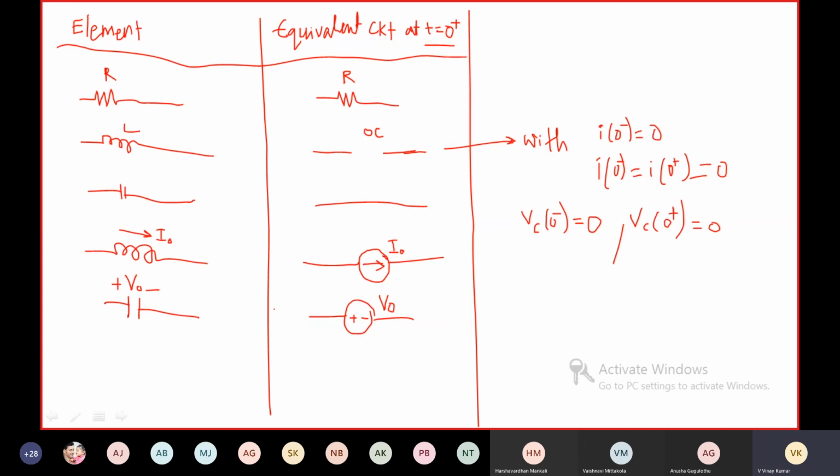Here, I of 0 plus is equal to I naught. Here V of 0 minus is equal to V of 0 plus, which is equal to V naught, with initial condition.